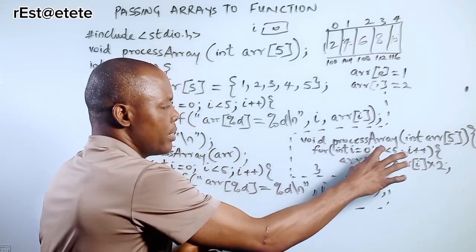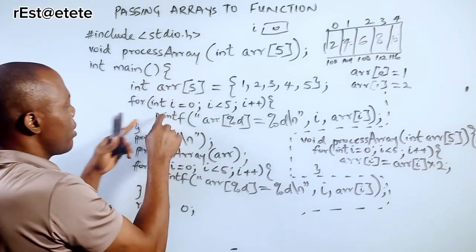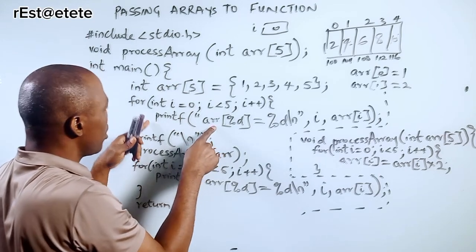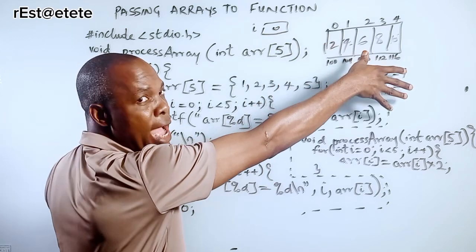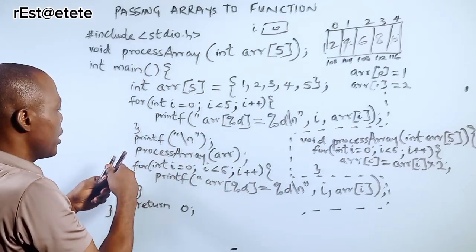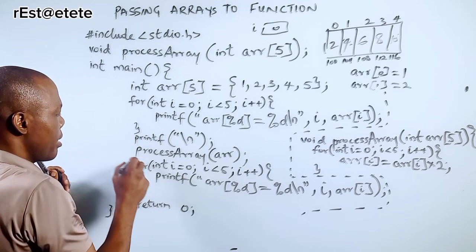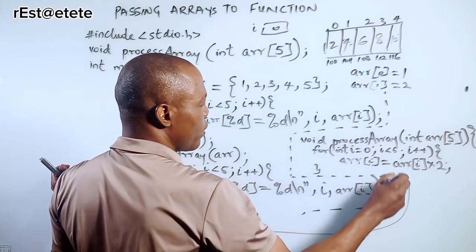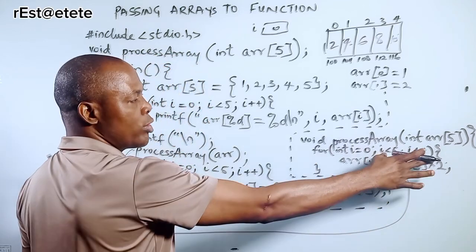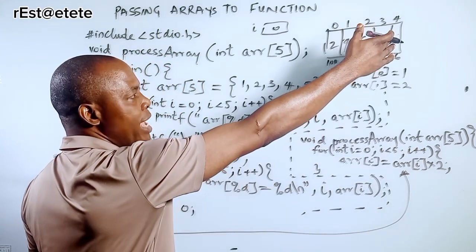Now, this function. So the first thing I did was to call this for loop. And then I printed out what was initially in that array. Then I called the function. The moment I called the function here, control moved from this place and came to this function. So the function executed by changing whatever is in the array.